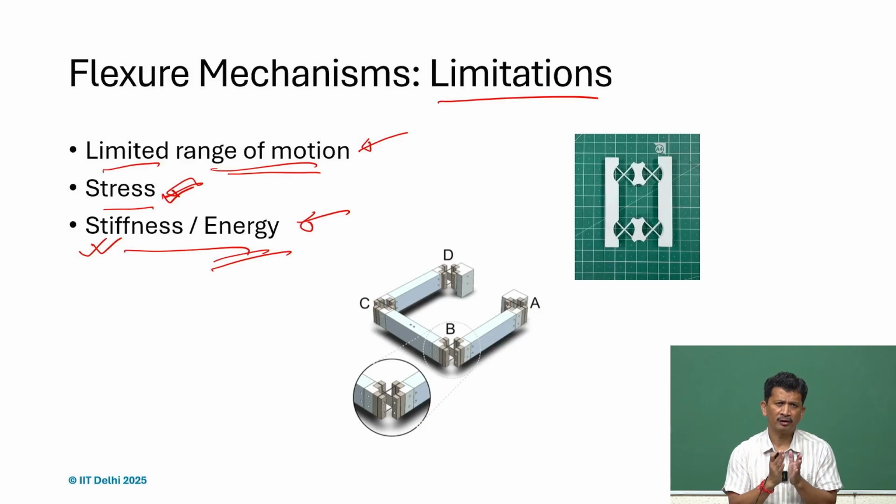So in the desired degree of freedom, we want less and less stiffness and maximum compliance. It means we may go towards zero stiffness, and there are methods to design for zero stiffness.